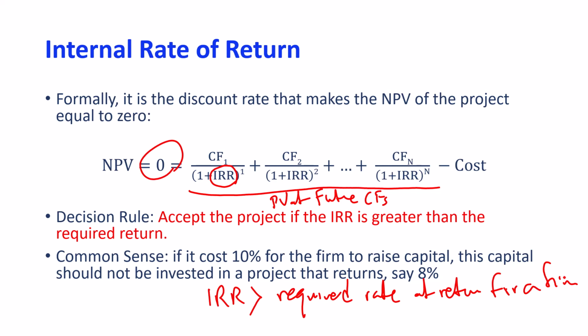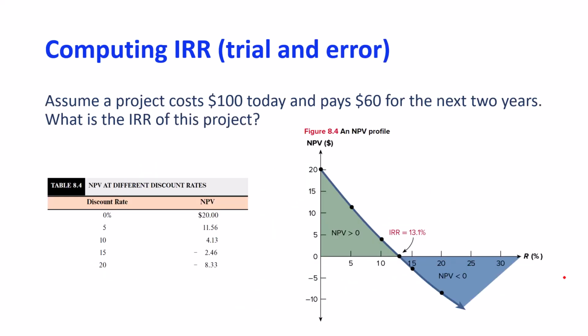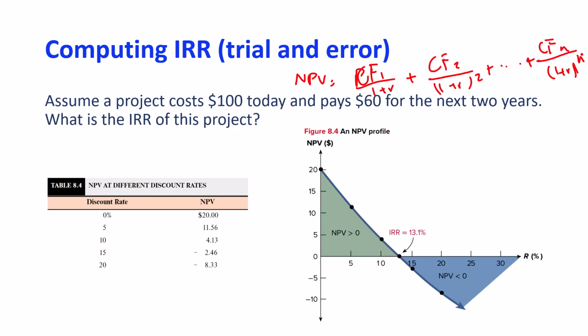Let's see how we can calculate this. Before modern technologies, we had to do trial and error. The way we used to do this was we picked a guess for the rate of return and then calculated the NPV.